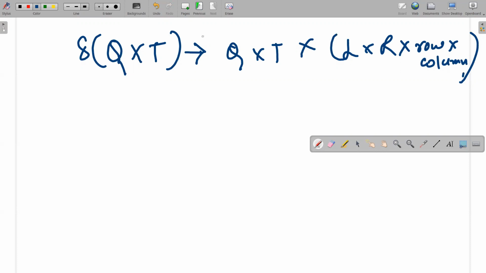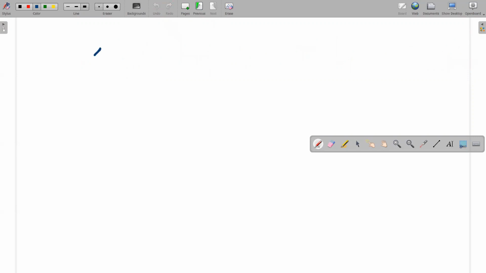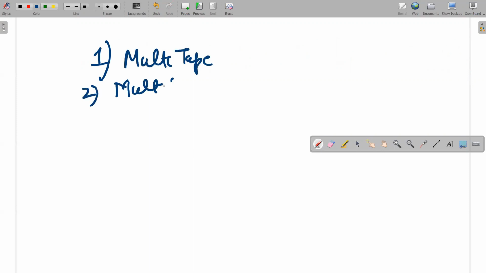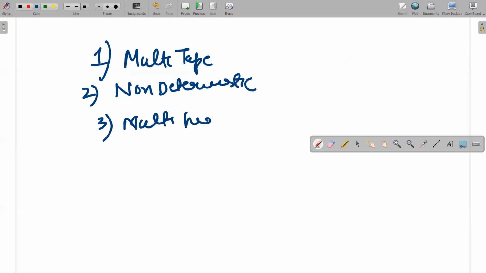These are all variants. So in this video, I completed 5 variants. Multi-tape, where instead of a single tape we have multiple tapes. We firstly did non-deterministic, and we completed multi-head, or multi-track Turing machine.